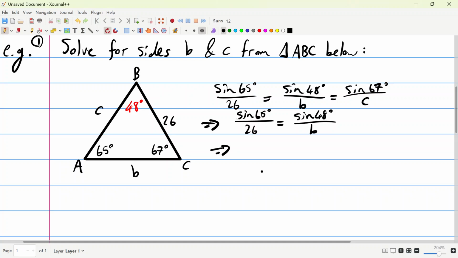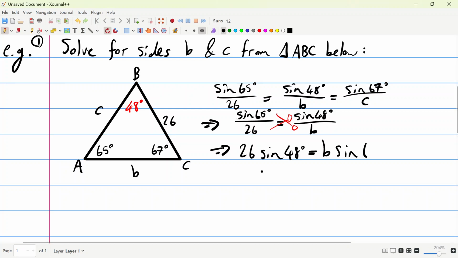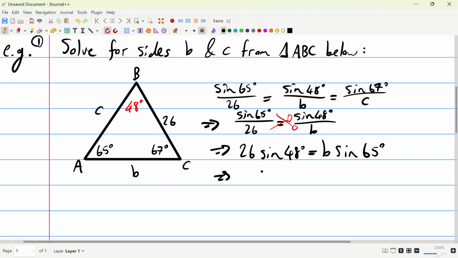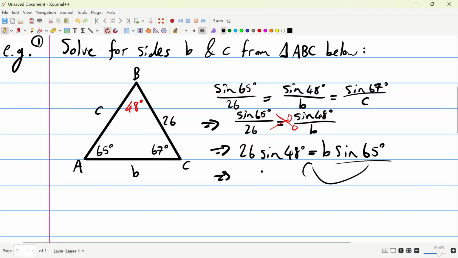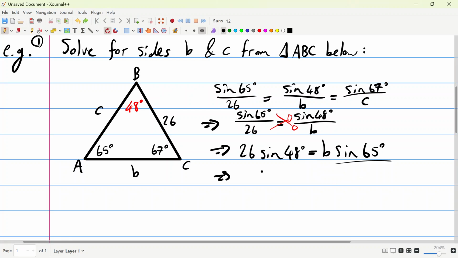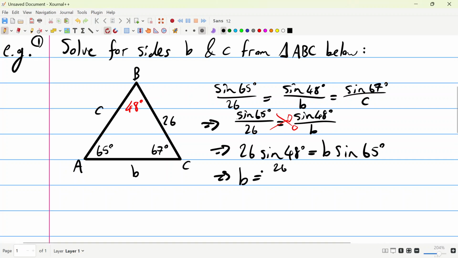If we use cross multiplication, we get 26 multiplied by sine of 48 degrees, which is equal to b multiplied by sine of 65 degrees. Solving for b, we divide both sides by sine of 65 degrees. Therefore, b is equal to 26 sine of 48 degrees divided by sine of 65 degrees.